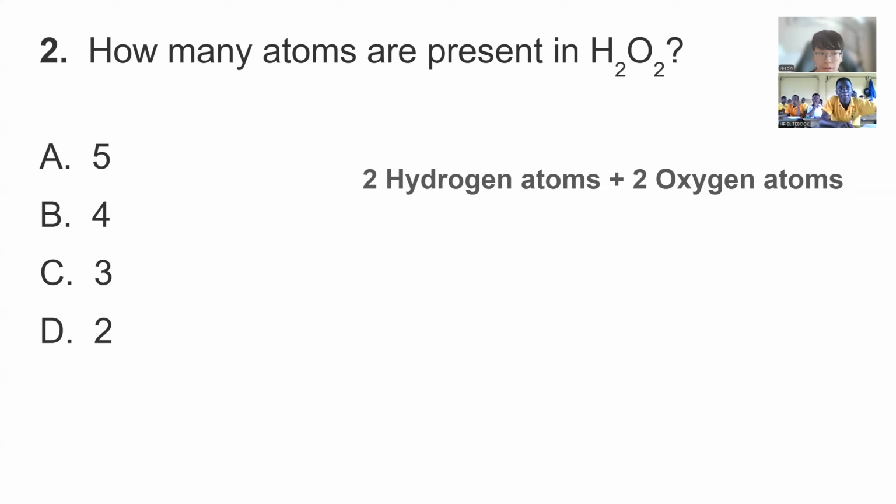Yes, that's right. The answer is four, because two hydrogen atoms and two oxygen atoms make up four atoms in total in this molecule H2O2. That is right.